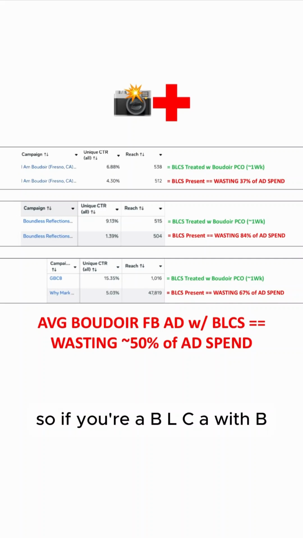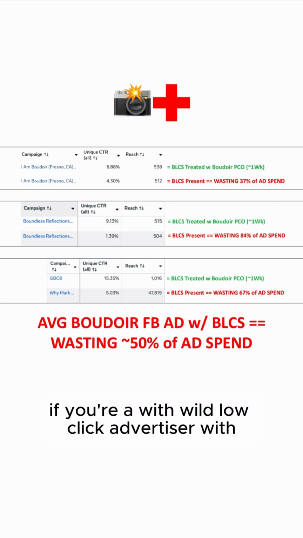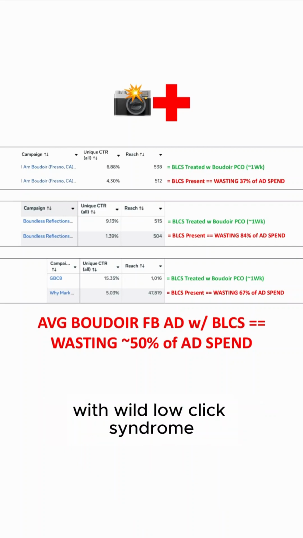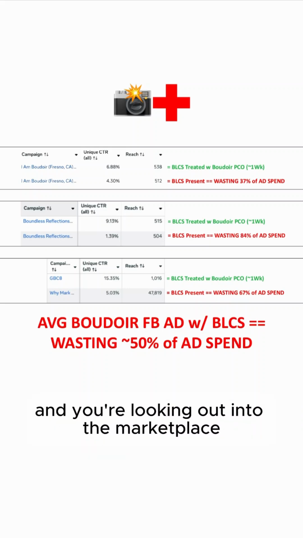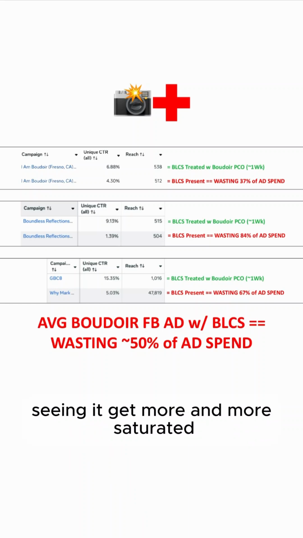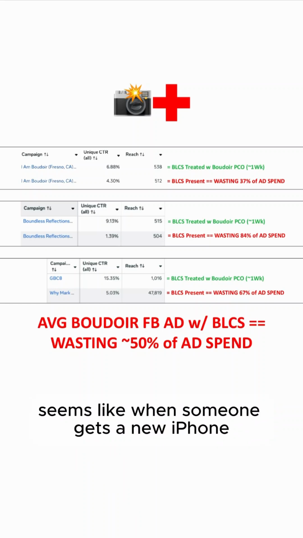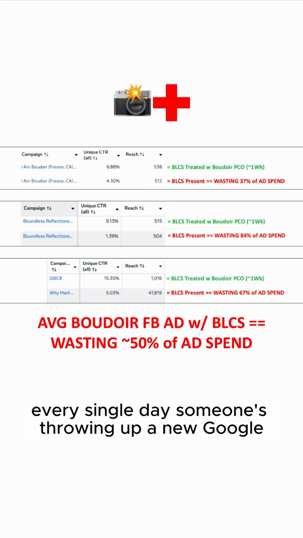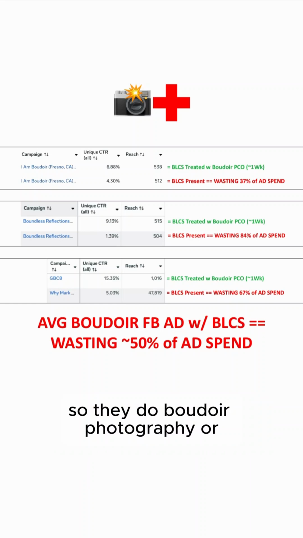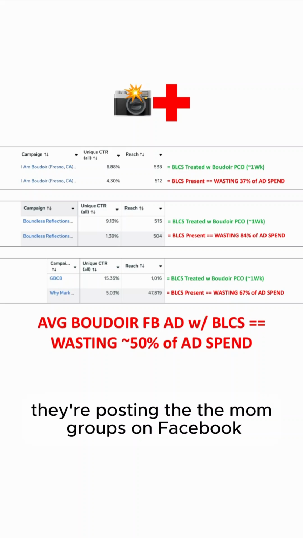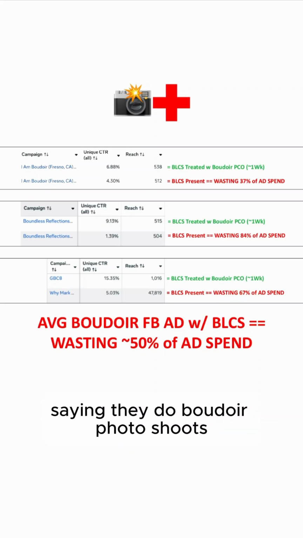So if you're a BLCA with BLCS, a Boudoir low click advertiser with Boudoir low click syndrome, and you're spending more than 10 grand a month on Boudoir Facebook ads, and you're looking out into the marketplace, seeing it get more and more saturated. It seems like when someone gets a new iPhone, every single day someone's throwing up a new Google My Business profile on Google Maps saying they do boudoir photography, or they get a new camera and they're posting in the mom groups on Facebook saying they do boudoir photo shoots.